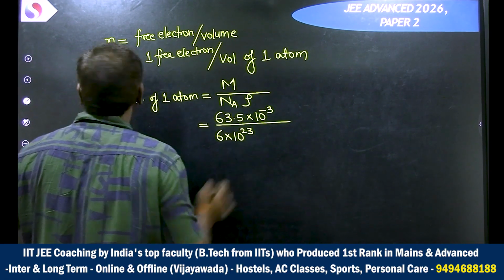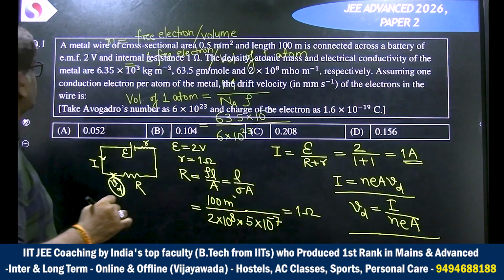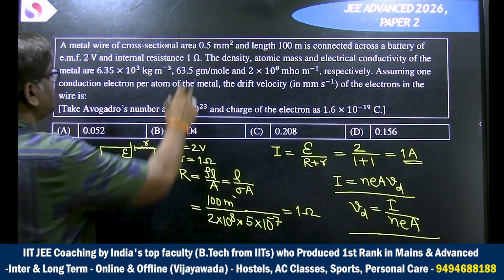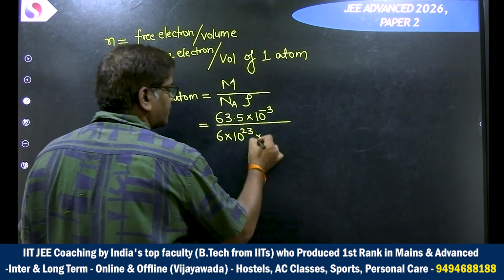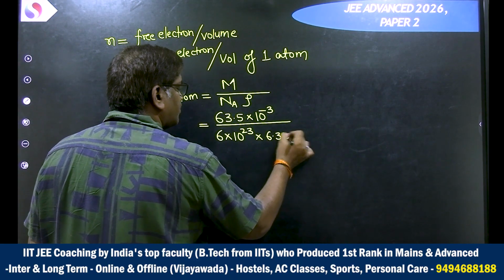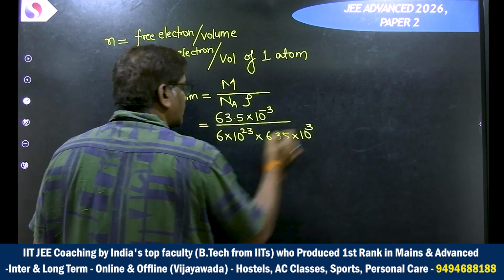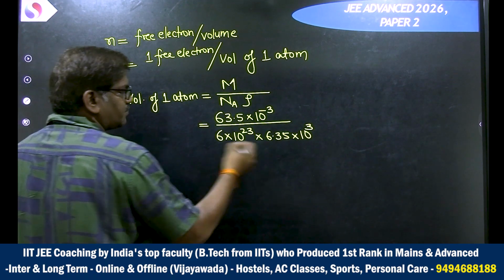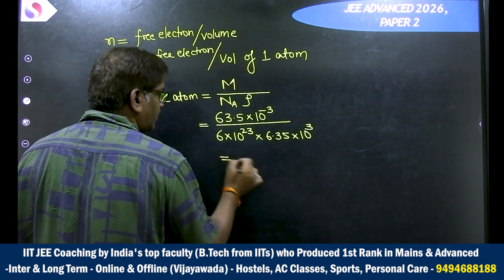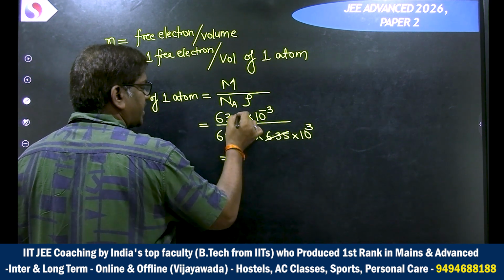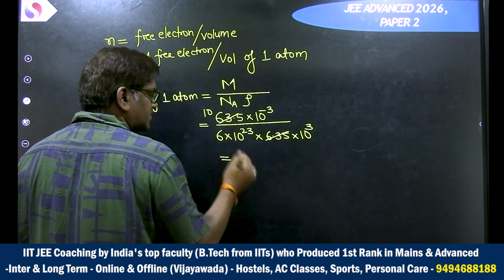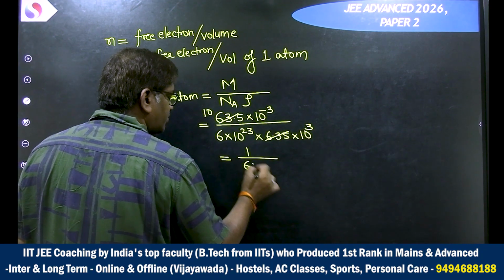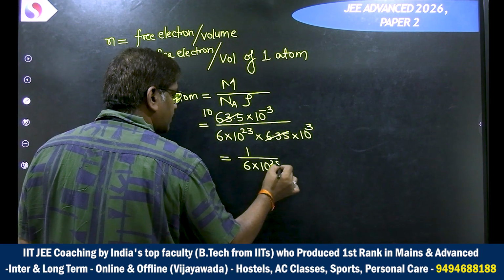Then this Avogadro number will be 6 into 10 to the power 23, and then you have the density as 6.35 into 10 to the power 3. All right. So this way, when we solve this, we can say this is 10, this is minus 2, this will be plus 5, so 1 upon 6 into 10 to the power 28.